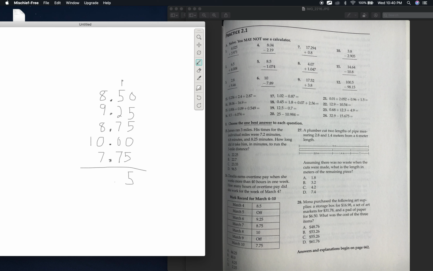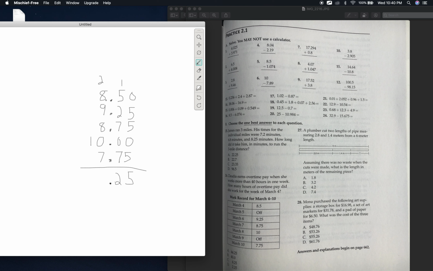I skipped over the 5. 17 plus 5, 22. So we'll carry the 2. But we got up to decimal point, so we put it. Okay, 2 plus 8 is 10, plus 9 is 19, plus another 8.